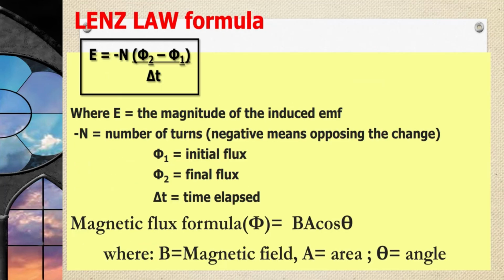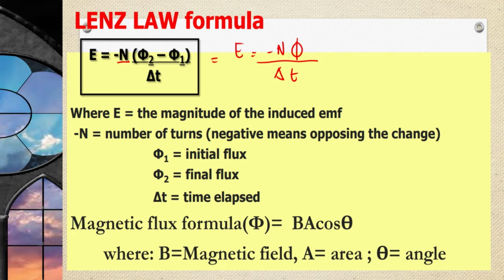So for the Lenz law formula, we have E is equal to negative N times the flux 2 minus flux 1 over the change in time, or sometimes your induced EMF E is equal to negative N multiplied by the change in magnetic flux over the time. So you can solve it using this formula.